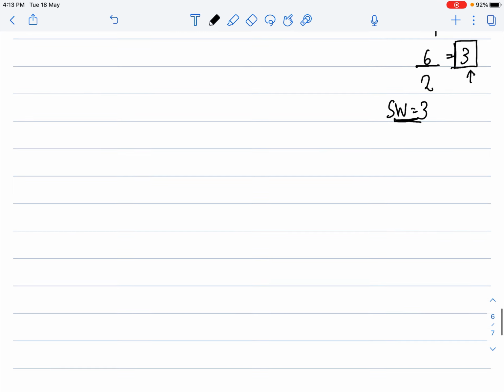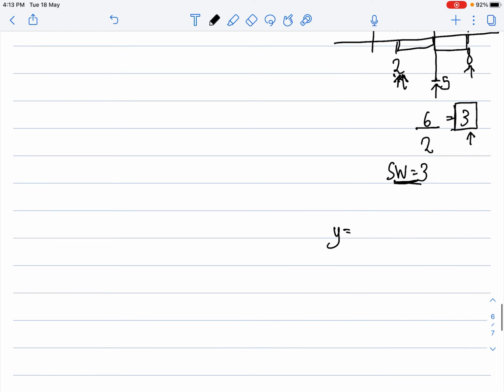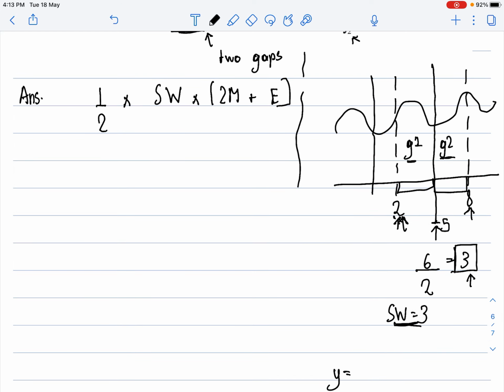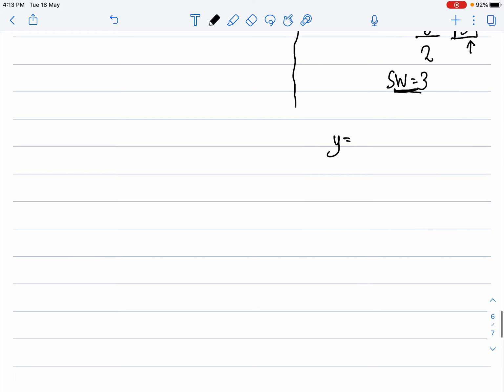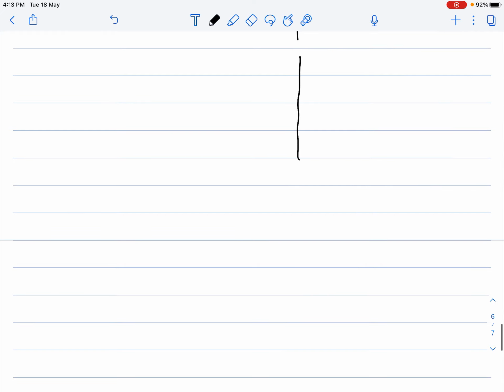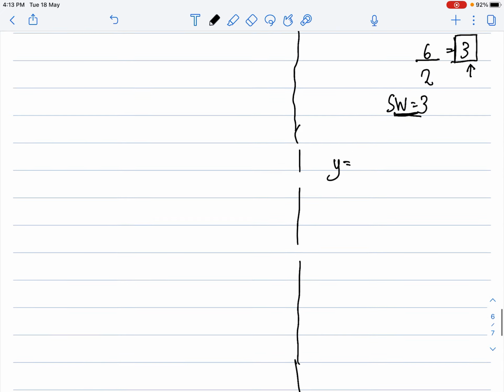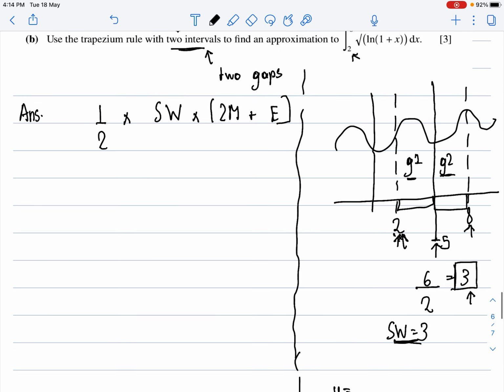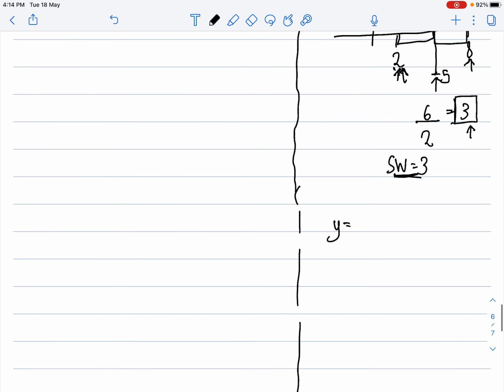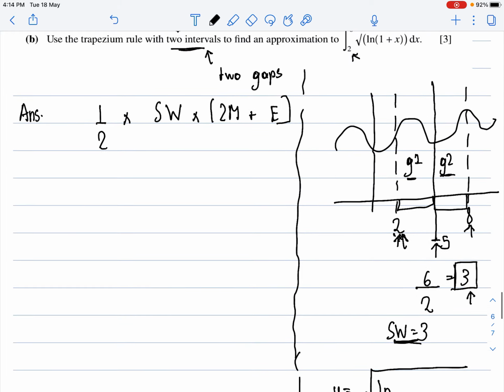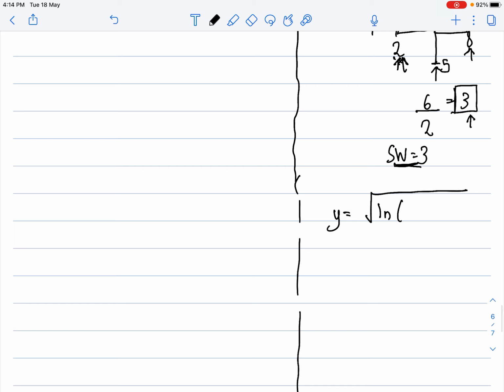Now the thing which I need to do is, I know my y is equal to, so all of this is working, which we need to use to substitute in the equation. Okay, now I know my y is equal to root of ln 1 plus x.